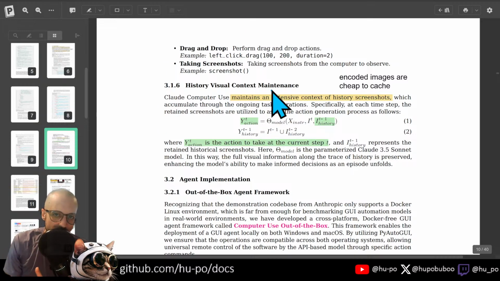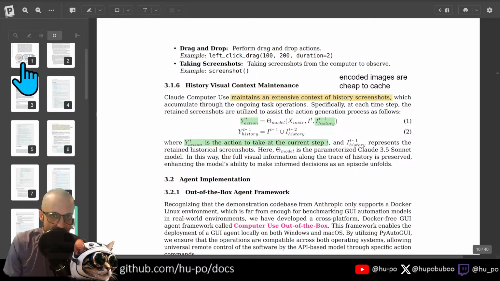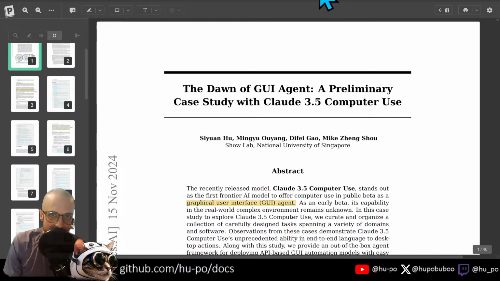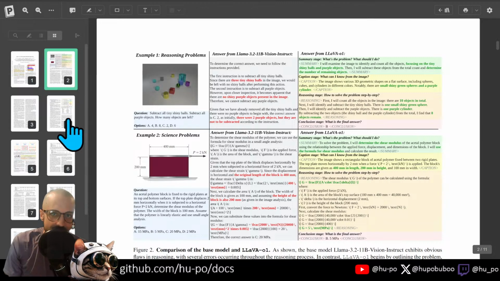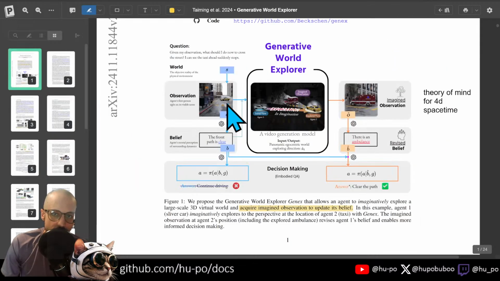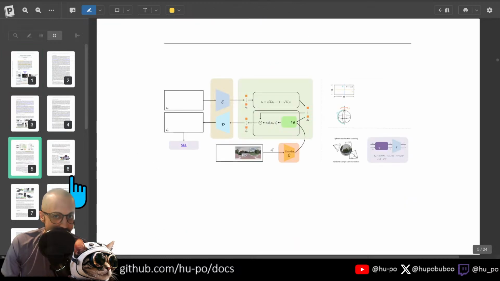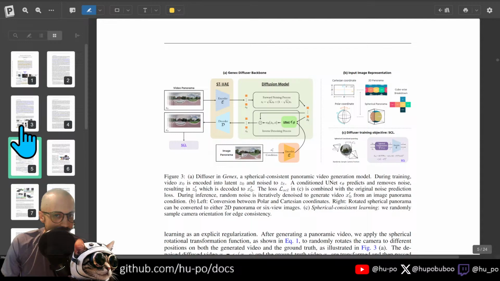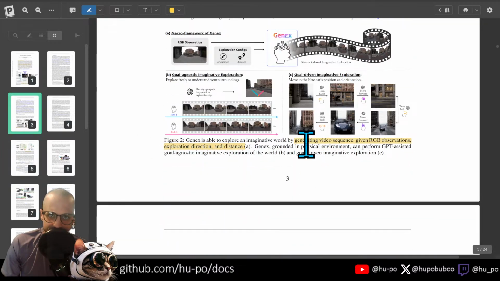But imagine a more advanced version of this, right? A more advanced version of a GUI agent that is doing something more akin to this, where it's got the token budget to spend some inference and time to create this kind of reasoning trace. And that reasoning trace might include hallucinated images, right? So it might literally, as they're doing in this paper here, use a generative video model. So it generates a video sequence given an RGB observation.